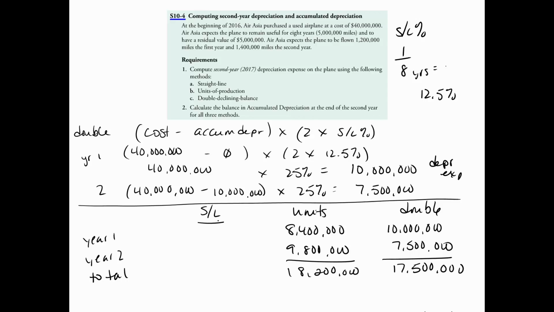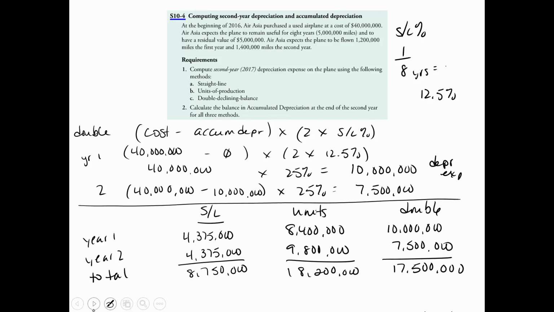And in straight line, I take the same every year. So 4,375,000, 4,375,000. So at the end of the second year, I have a total of 8,750,000 in there.